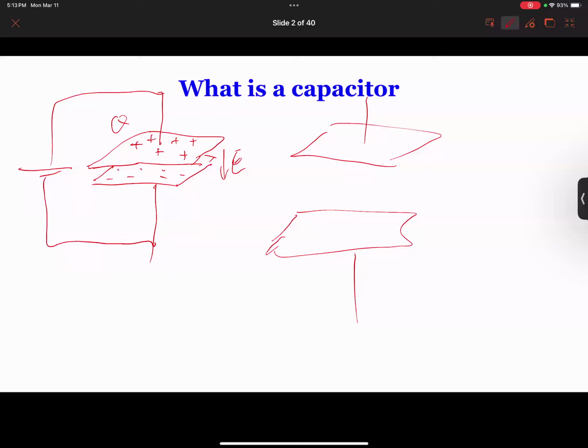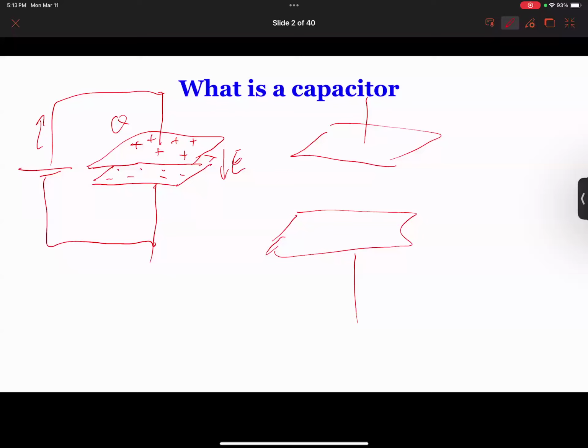Depending on the size of the plates, you can calculate how many electrons can be accumulated on each of them. During the charging process, while the charge is moving, you do see a current, but once the charge is complete, there's no more current.